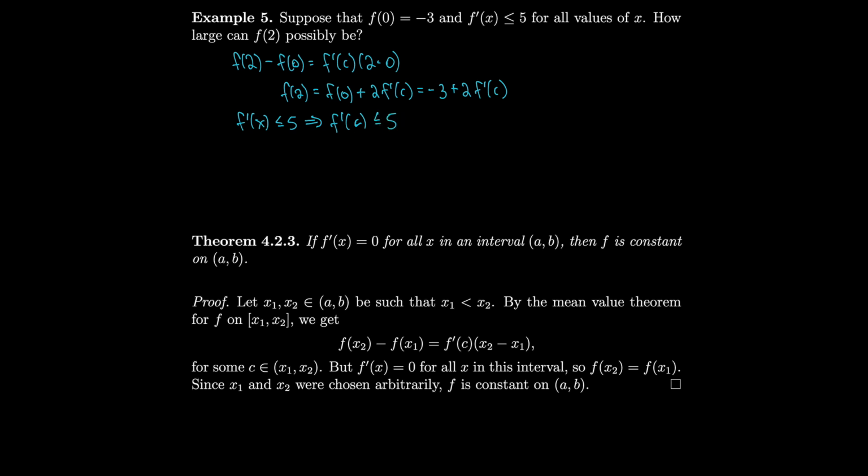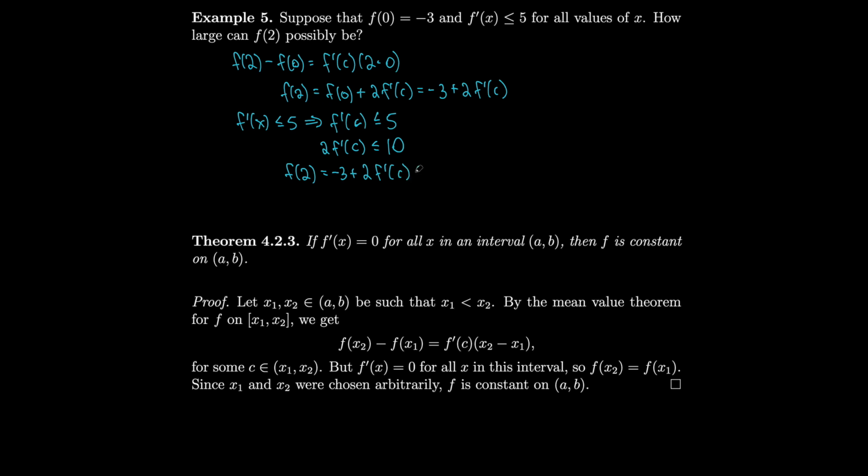Okay, so we needed an estimate on 2 times f prime of c. So that means that 2 times f prime of c is less than or equal to 2 times 5, which is 10. So going back to what we have for f of 2, we know f of 2 is equal to negative 3 plus 2 times f prime of c.